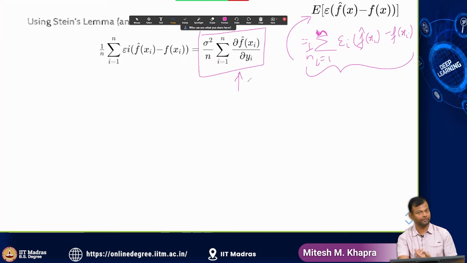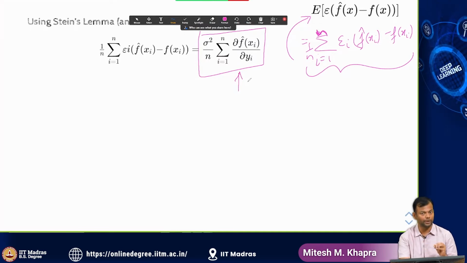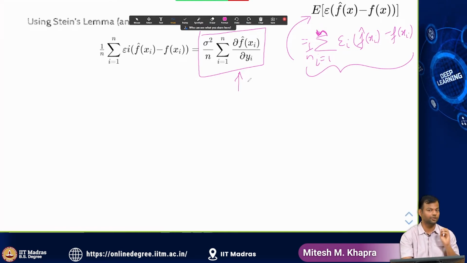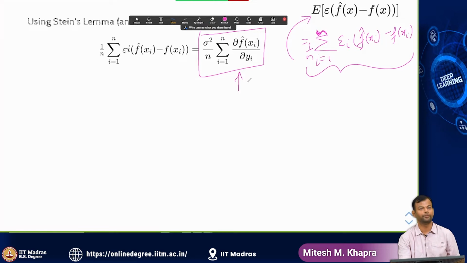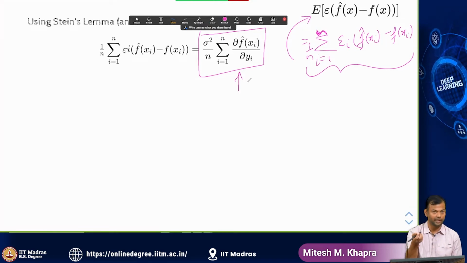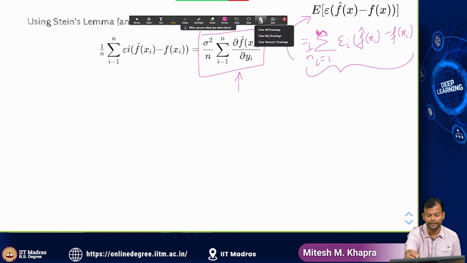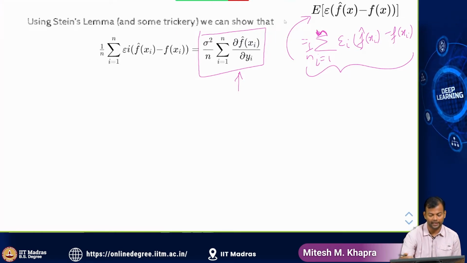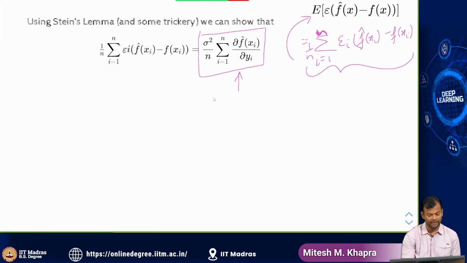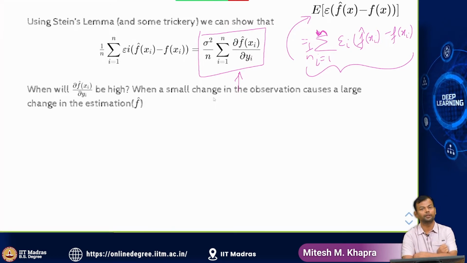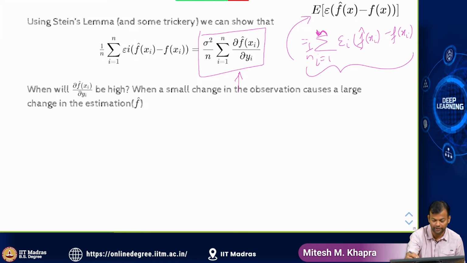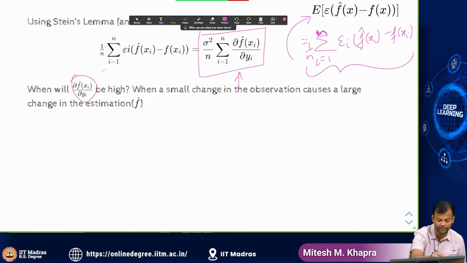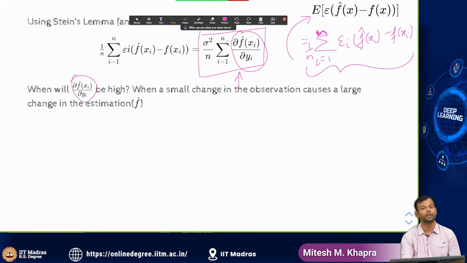Now if you take this at face value, if you just assume that Stein's lemma is correct, then let's see where we reach from here. This is correct because Stein's lemma has proven it. So if this is indeed correct, then when will this quantity be high?